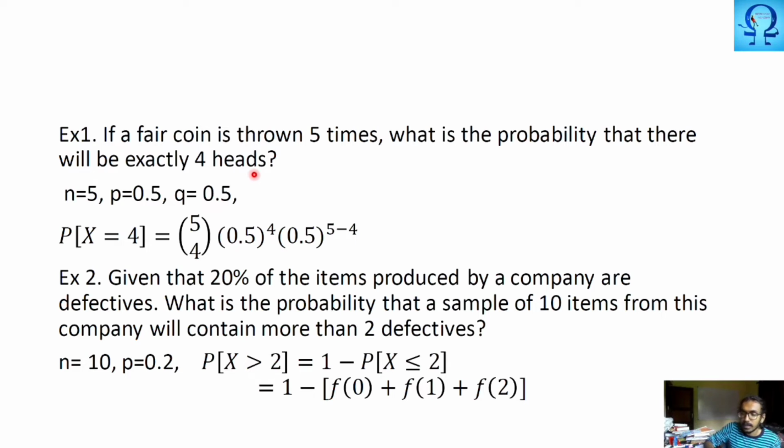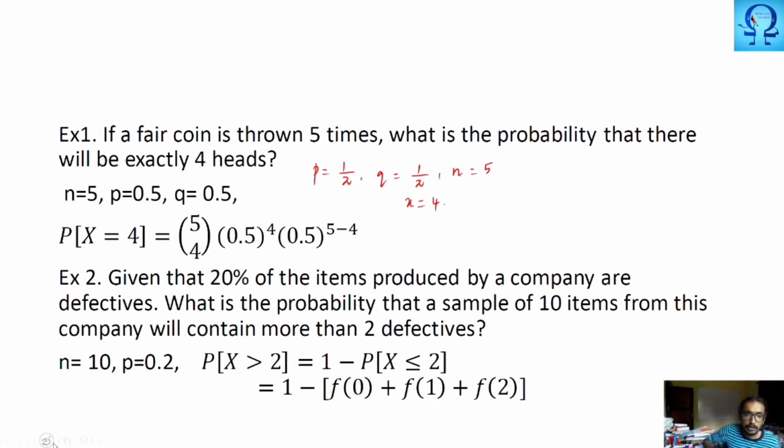Obtaining a head, let us consider that as the success, and we are expecting 4 successes. Here the probability is 1 upon 2, isn't it? And of course q is also 1 upon 2, and we are tossing the coin 5 times, expecting the success to be 4. So if we just substitute in the formula and find the value, we are done.